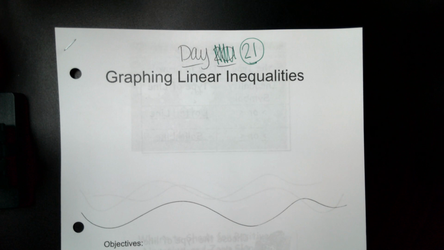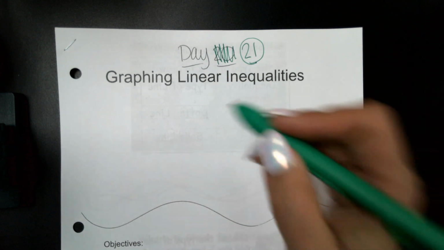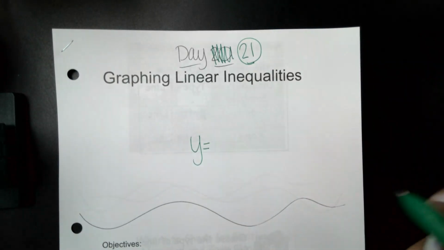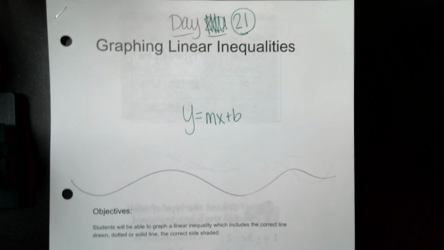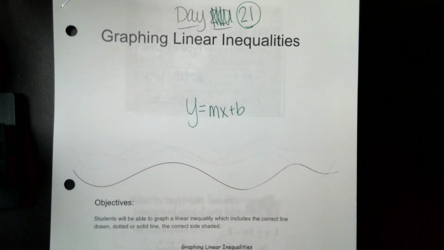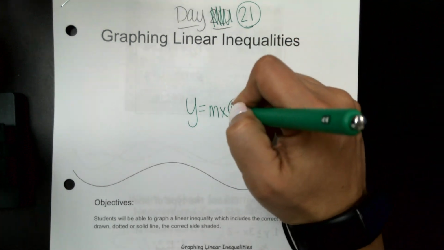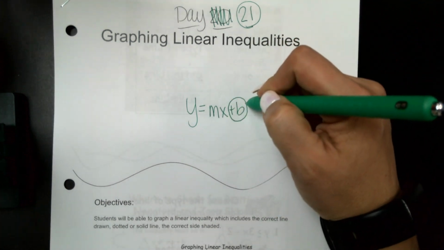Last week, we started graphing linear equations. If you guys remember, each of our equations last week was in slope-intercept form like this, okay? And what you guys would do is you would plot this number first on which axis?